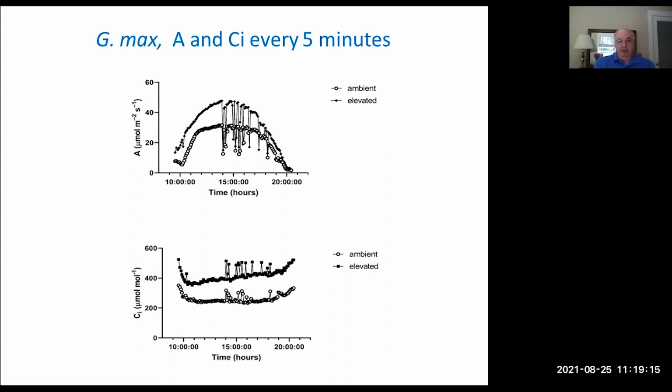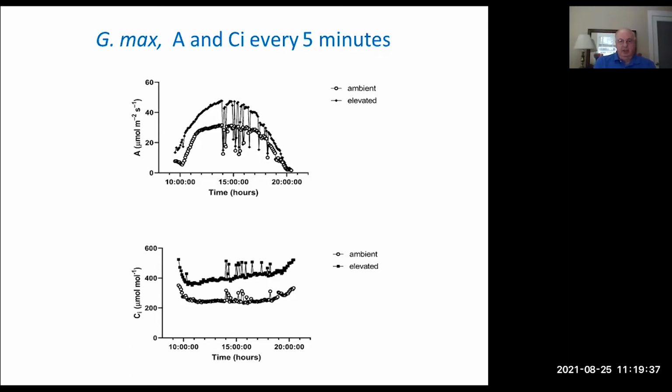And the Ci values, you can see that the ambient one tracks very, very nicely flat in the middle of the day. And both of them are higher in the mornings and in the afternoons, and the elevated one is actually tracking slightly upward all day long at high light.